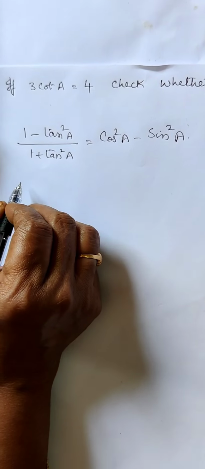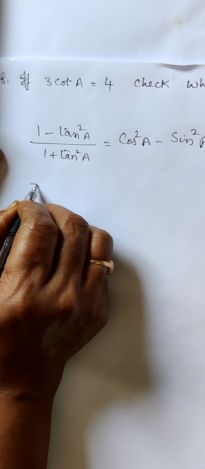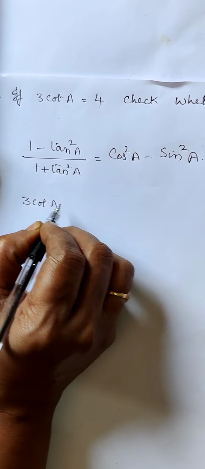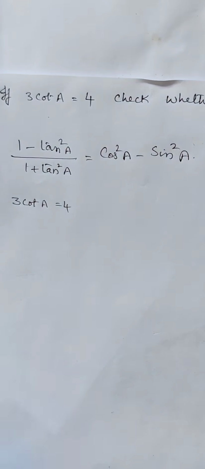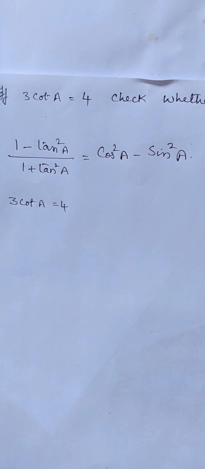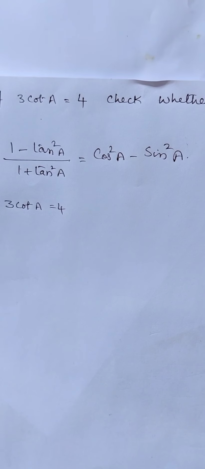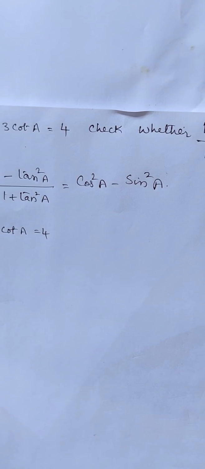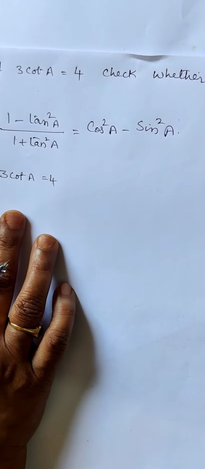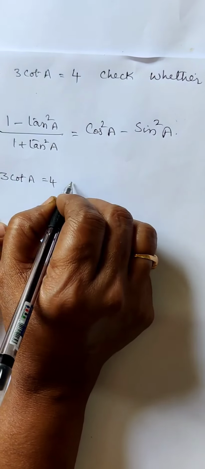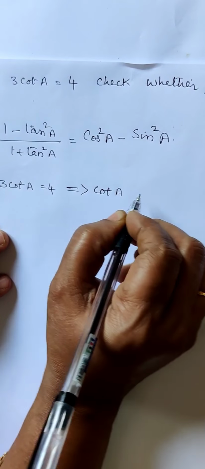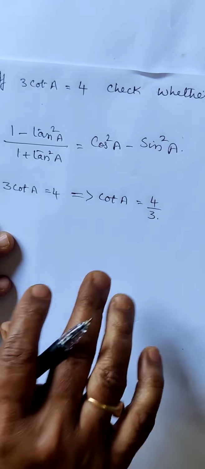See, now let us proceed. 3 cot A is equal to 4, so how should we write here? This implies cot A is equal to 4 by 3.